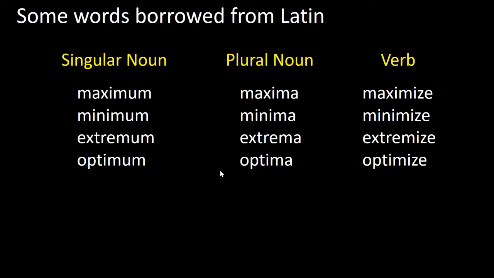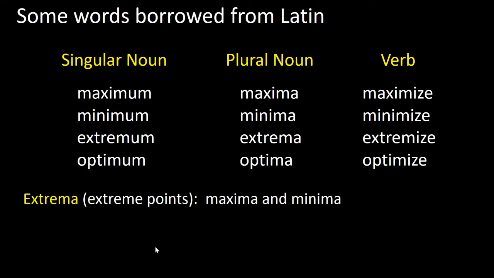These are all words that we'll sometimes use, and sometimes as verbs: maximize, minimize, extremize, optimize. And often it's easier to talk about extreme points rather than extrema. Similarly, we'll talk about maximum points, minimum points instead of maxima and minima. So when you're asked for extreme points or extreme values, that includes the maximum points and values, also the minimum points and values.